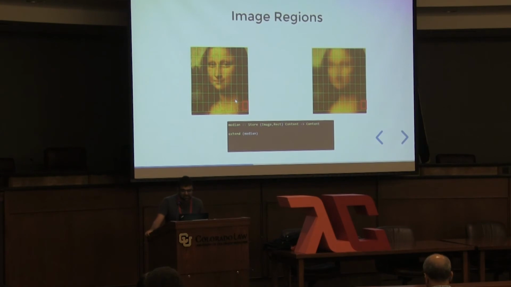What this can be useful for is doing a lot of blurring and image processing. If you have a median function, which takes all the pixels in a certain region and sets it to the median color value of that region, then you can do extend, and you get the full median blur.